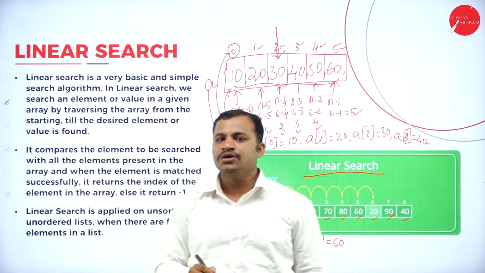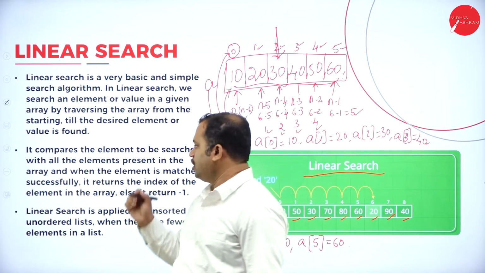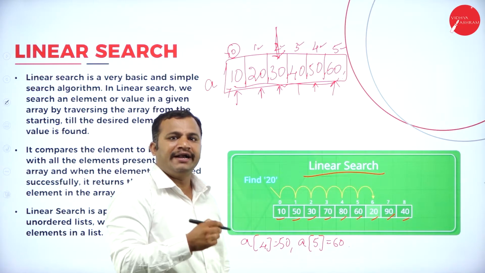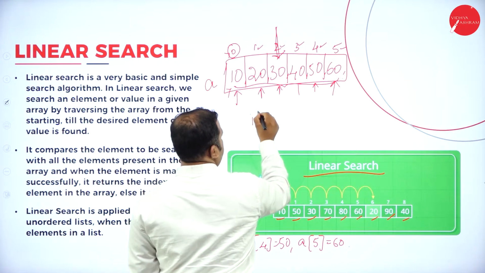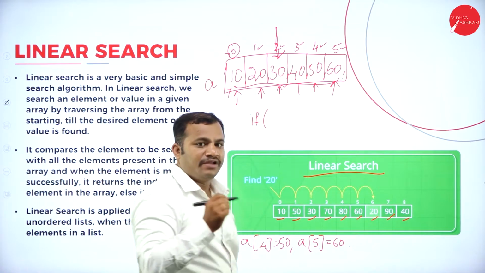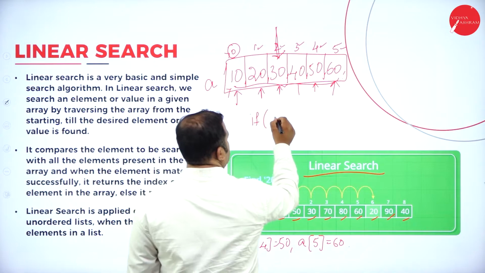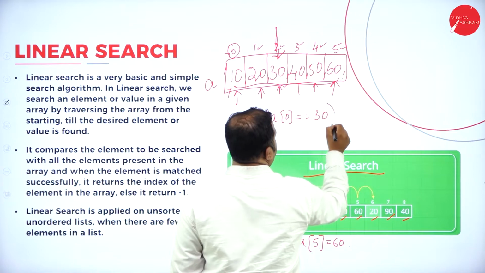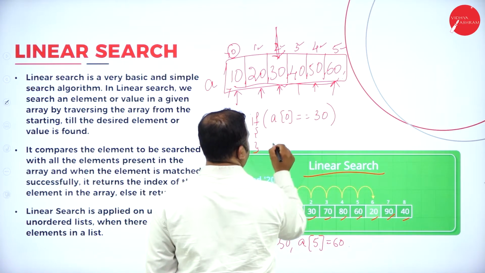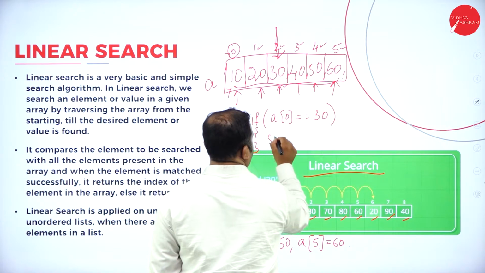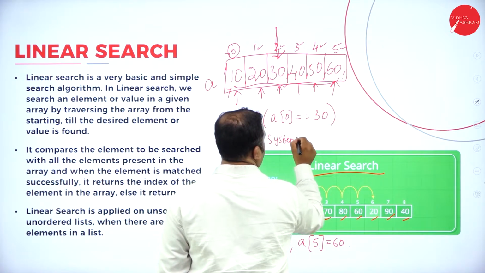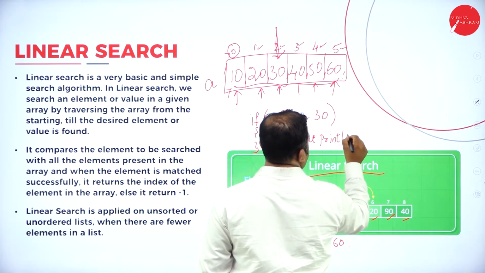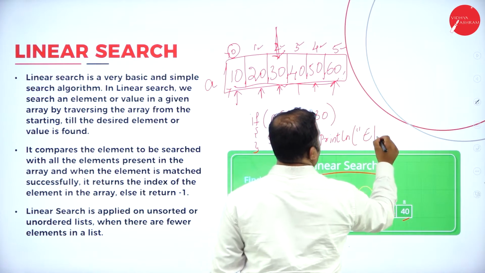If that is the case, what has to be the logic of that? The logic will be like this. We will search for an element iteratively. That is, I will write down the condition: if A of 0 is equal to the desired element, we say element found.